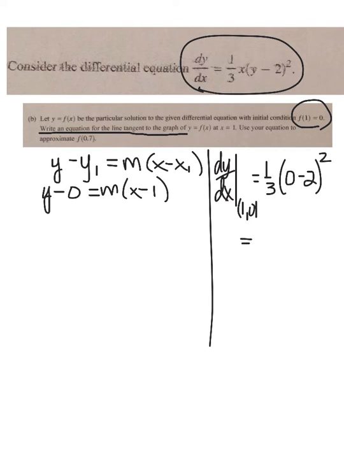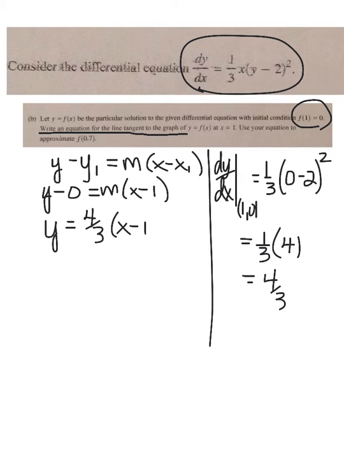So that would be 1/3 times 4, which is 4/3. Okay, so y equals 4/3 times x minus 1. Okay, so there is the equation of the tangent line.